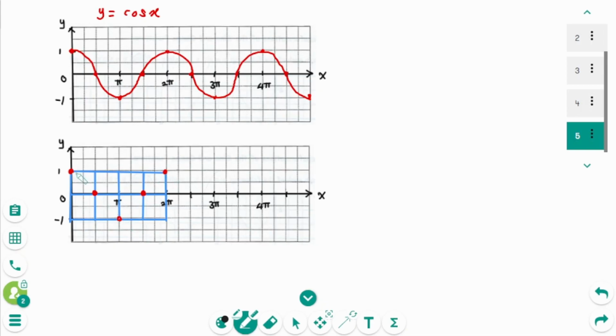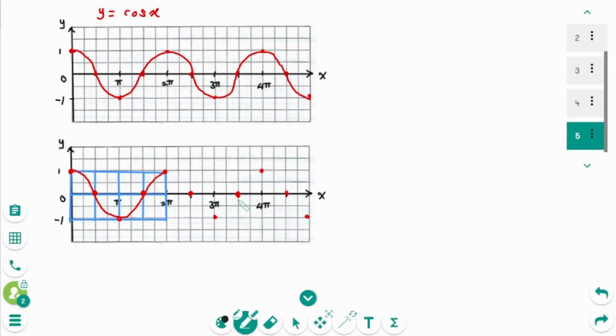Then make the curve, concave down and up and down. Now go through the graph and label the remaining necessary points. 0, -1, 0, 1, 0, -1.